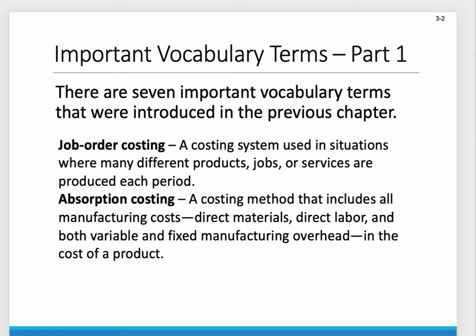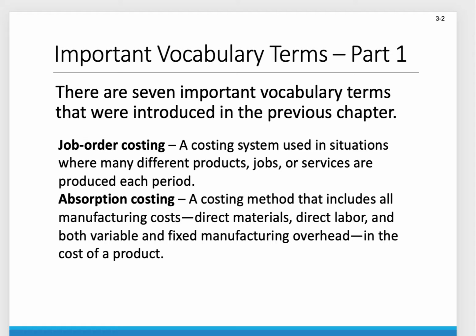So the first one is job order costing. We talked about this at length in chapter 2. Remember, job order costing is a costing system that is used by companies, organizations that produce many different products or jobs or services each period, right?